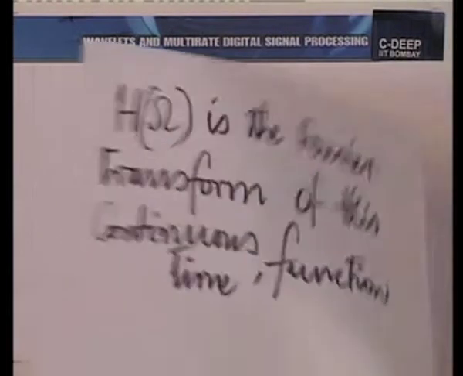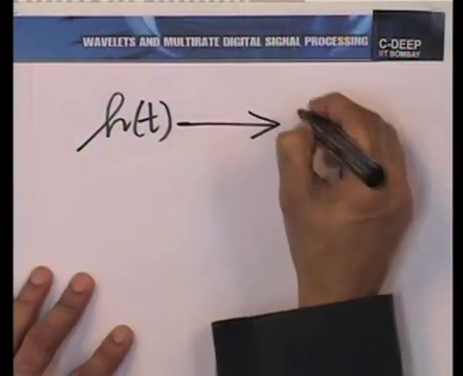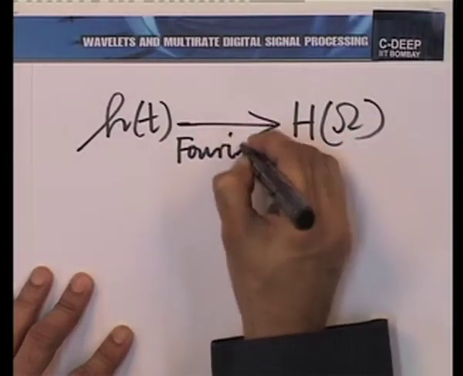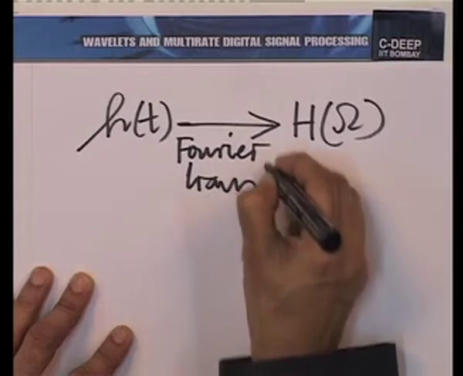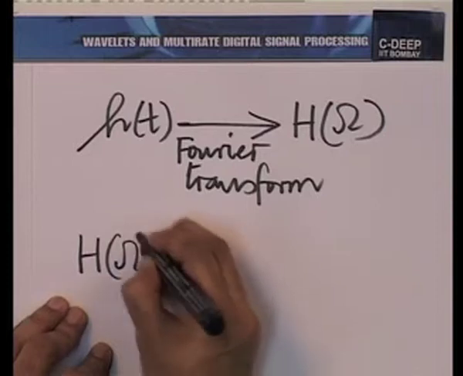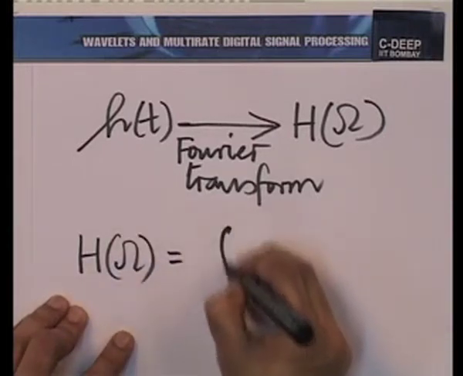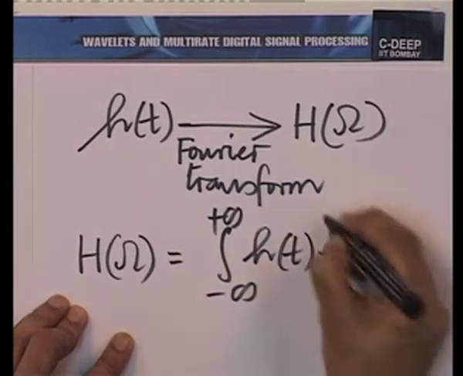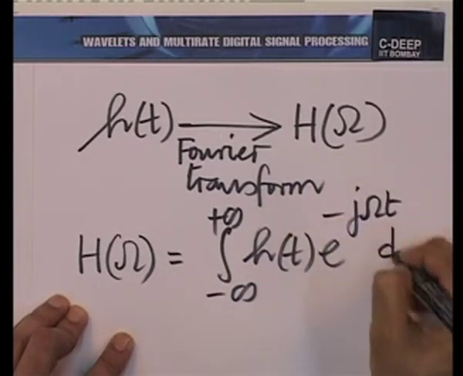And now, what is half h omega by 2 then? For that purpose, let us assume that we have a function h of t whose Fourier transform is capital H of omega. Of course, we know capital H omega is integral from minus to plus infinity h t e raised to the power minus j omega t dt.